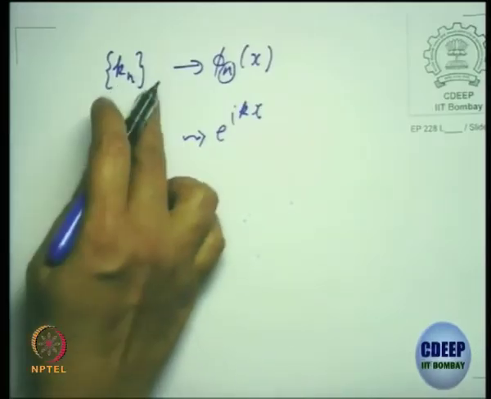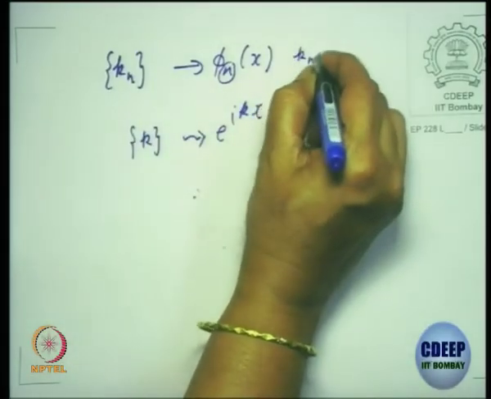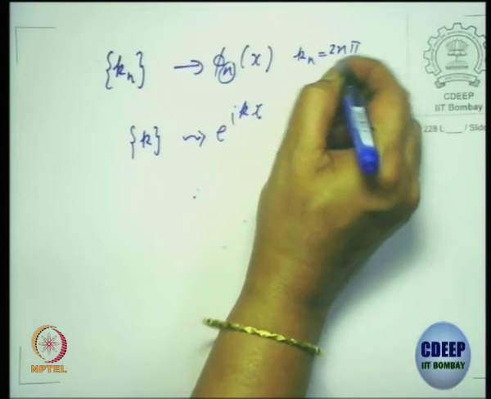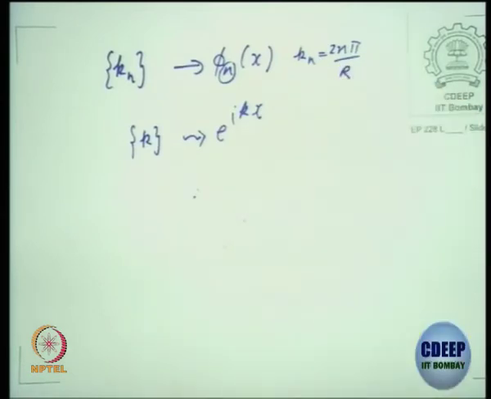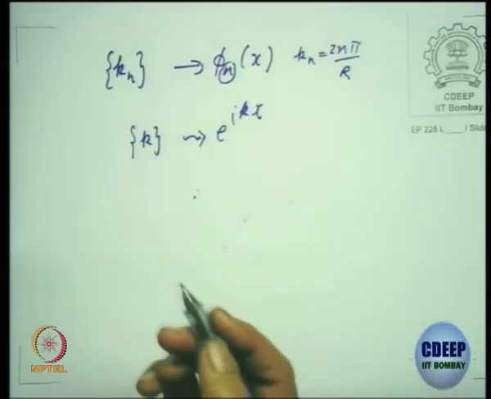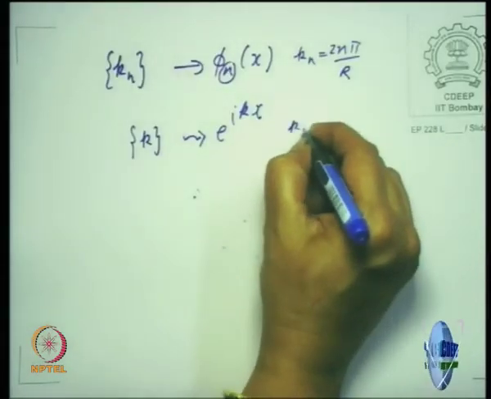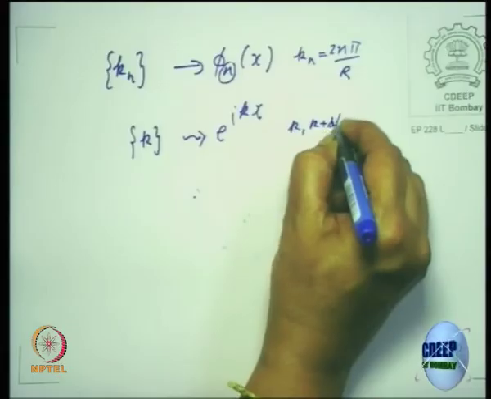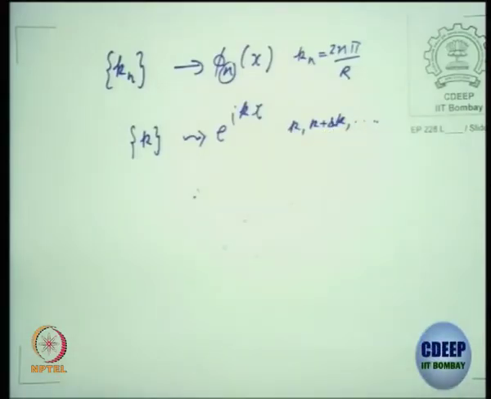So with periodicity we showed kn to be like 2n pi by L. Here there is no condition on k, k will actually go as k plus delta k, and so on, where dk is very small. So this is a continuum.